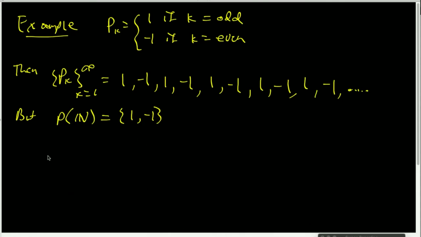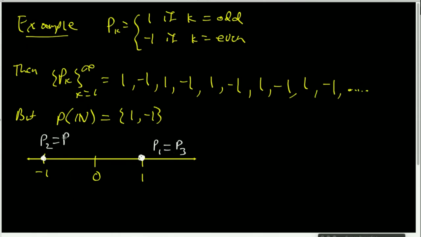It's also worth pointing out that if I wanted to graph this particular sequence on a number line, I would have the following picture. We would have P1, P2, P3, P4, P5, P6, P7, P8, P9, P10, and so on.